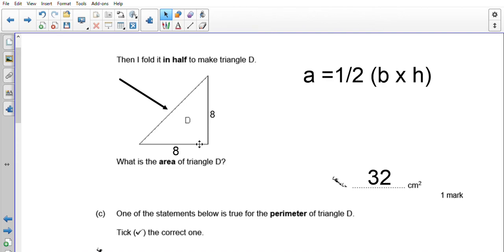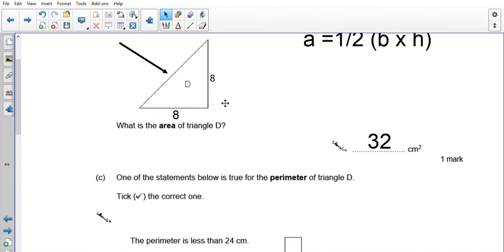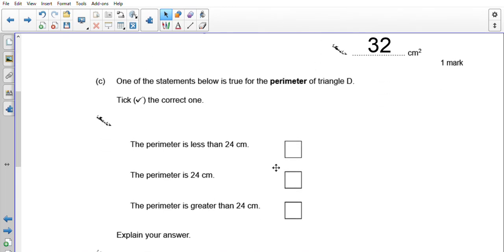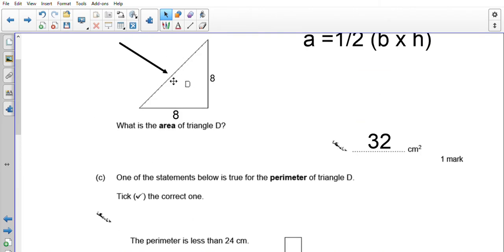If it was an equilateral triangle, the third side of my triangle would be 8 centimetres. It's not an equilateral triangle. The missing one is going to be greater than that. If it was an equilateral triangle, the perimeter would be 8 and 8 and 8. It would be 24. This is greater than these two. You can see that, and we know that because of the properties of a right angle triangle.